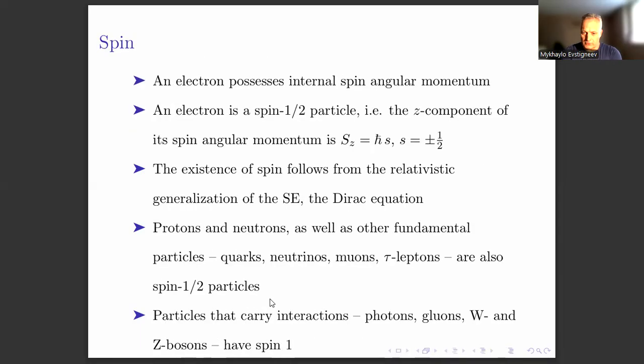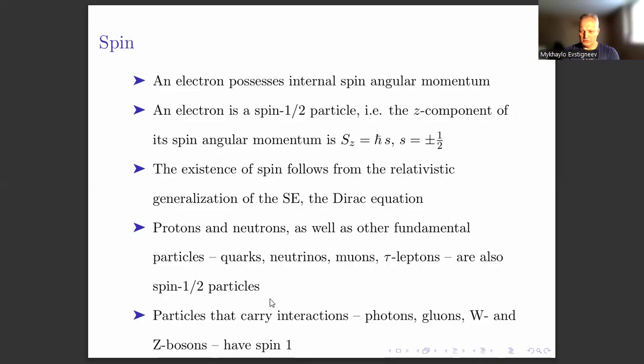Then there is a further quantum number, which is not captured by the time-independent Schrödinger's equation. This quantum number is associated with some sort of an internal degree of freedom of the particle, and it is called spin.